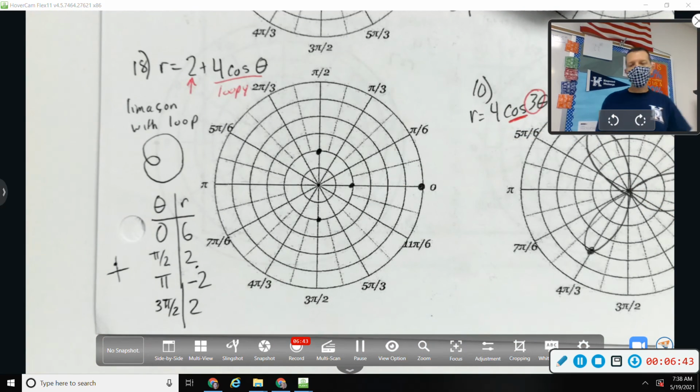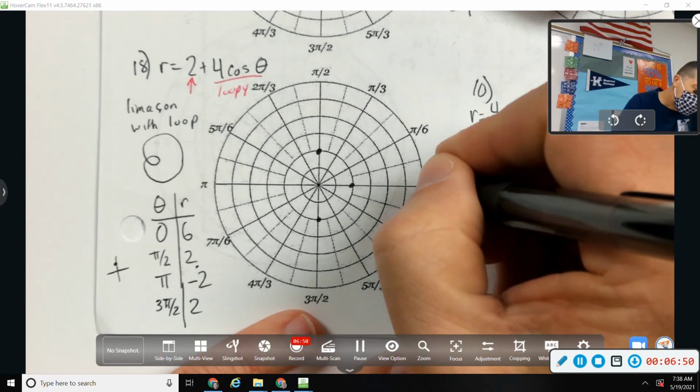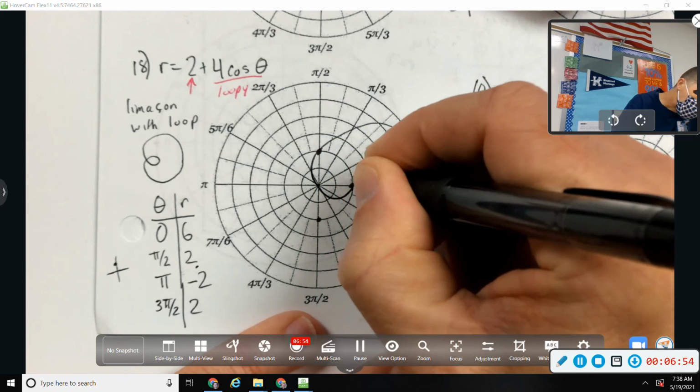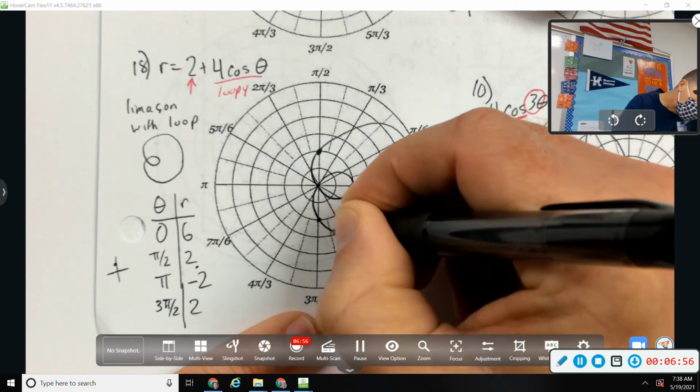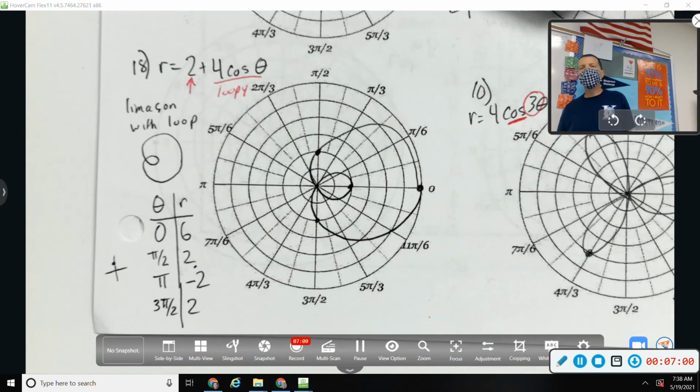Although maybe I should have connected them as I went, because that looks a little bit funny, but we know what the shape is. Yeah, that's a pretty good looking limaçon I just drew. Practice, practice, practice. You finally figure some things out.